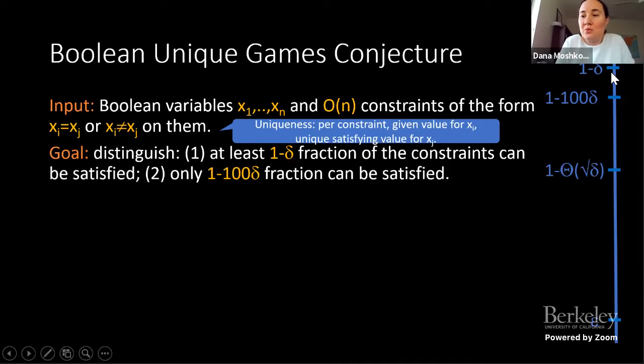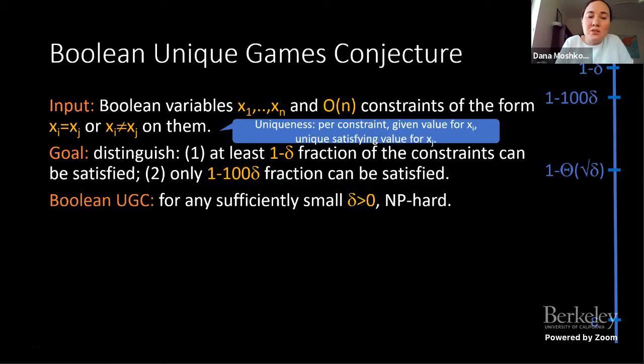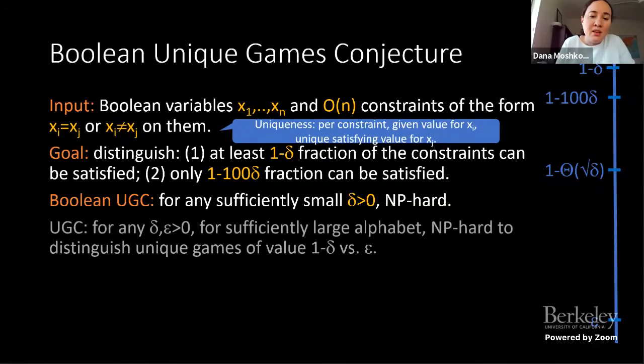And so can you prove it? Can you prove that it's NP hard to satisfy 1 minus 100 delta of the constraints? This is what I call the Boolean unique games conjecture. For any sufficiently small delta, it's NP hard to distinguish those two: given a system, this much can be satisfied or only this much. And just for reference, the full unique games conjecture is you want a gap between 1 minus delta and epsilon.